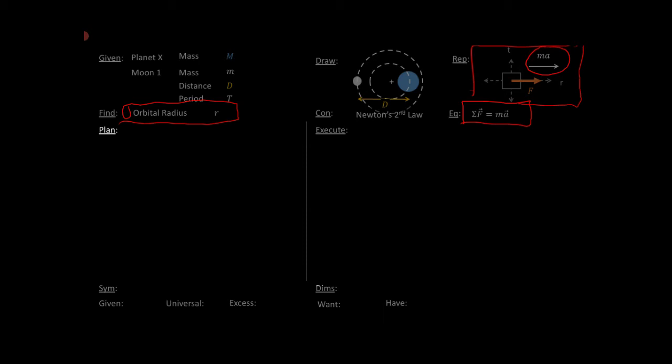So just as some practice, we've got our applied forces, and we've got our acceleration. They're equal to each other. Over here, our applied forces, we have one force, that's F. We've got another one over here, which is ma.